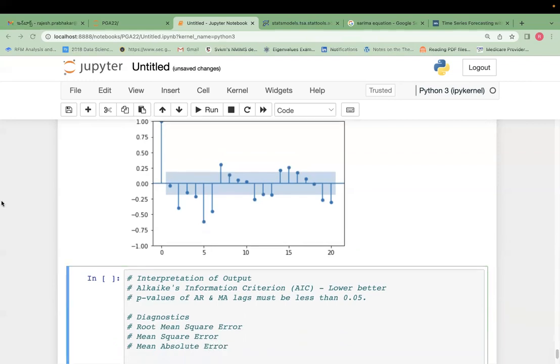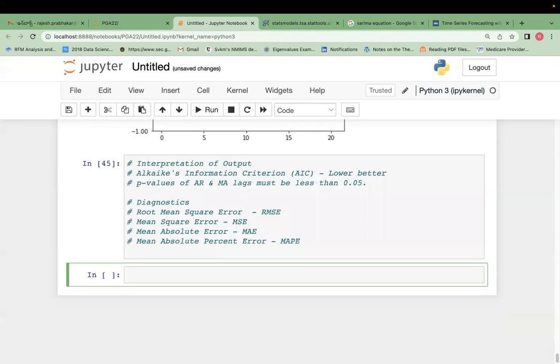There are many diagnostics, but the primary diagnostic is RMSE, followed by MSE, MAE, and mean absolute percent error, also called MAPE. These are the prominent metrics which we look at when looking at the diagnostics.